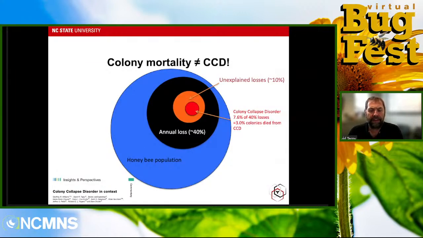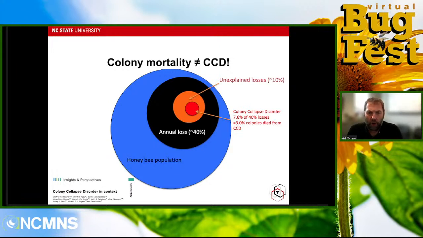If we look at the entire managed honeybee population in the US, and 40% of those colonies are dying off every single year, well, about a quarter of those don't have explained reasons for why they're dying off, and only a portion of those have symptoms that are consistent with colony collapse disorder. So if you take the actual number of colonies that were afflicted with this mysterious syndrome, really only about 3% of the colonies were dying from this issue at the height of its problem, and now it's even more rare.